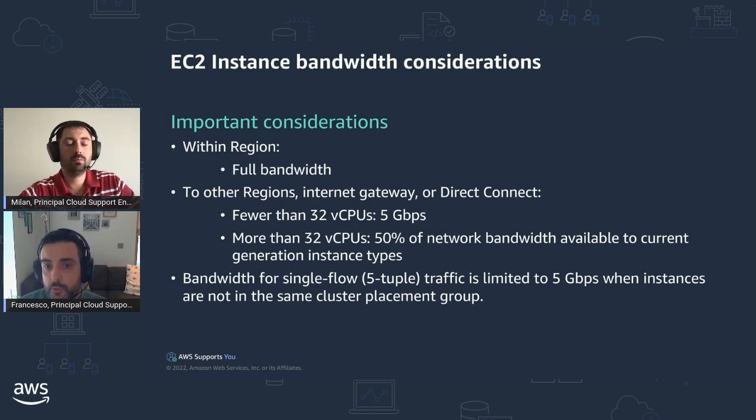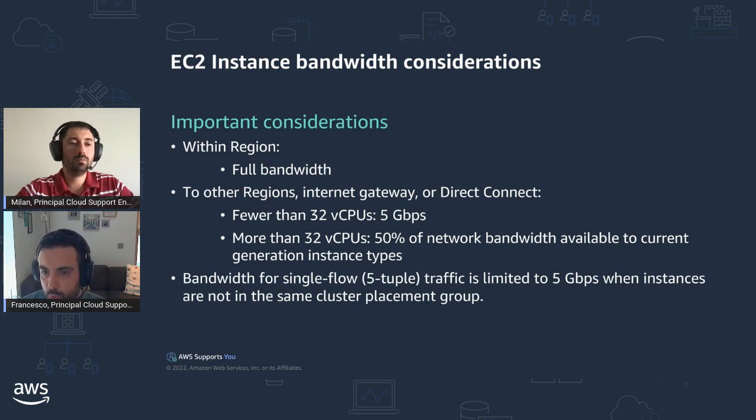The important consideration here, though, is that this is the maximum amount of bandwidth the instance can achieve. You are still limited to 5 gigabits per second per single flow. By single flow, we mean a five-tuple, where the protocol, source port and IP, and destination port and IP indicate the single flow, and that will still be limited to 5 gigabits per second.